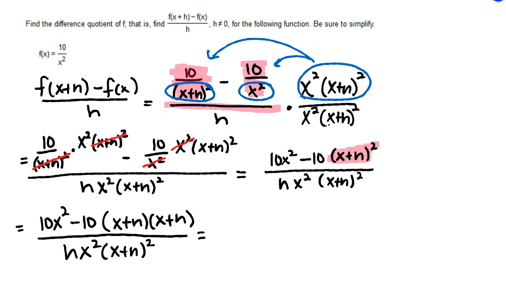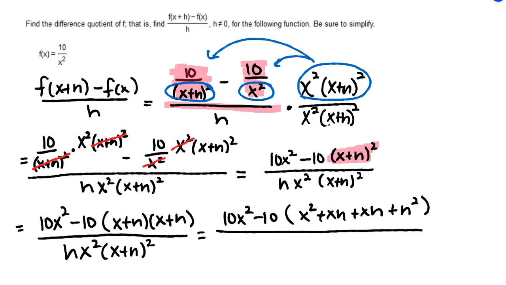Okay, so that leaves me with 10x squared minus 10 times x squared plus xh plus xh plus h squared over h x squared times (x plus h) squared.